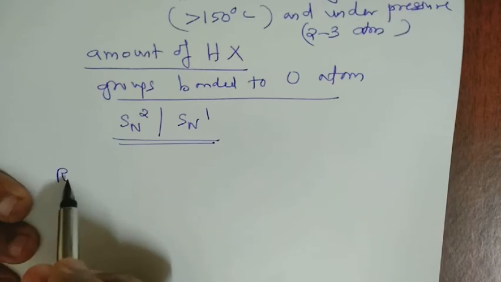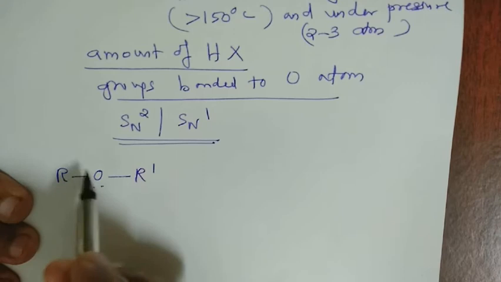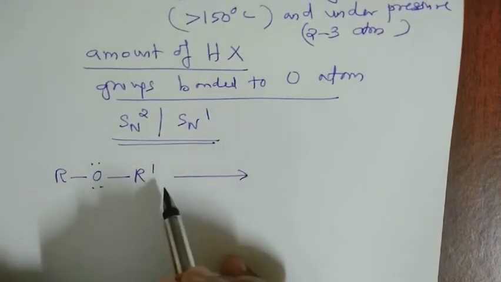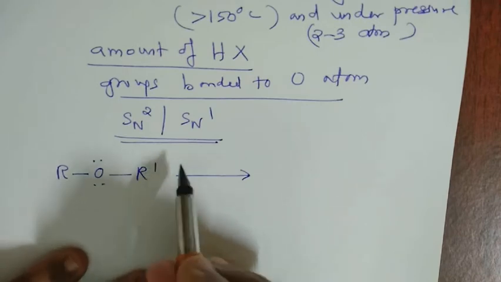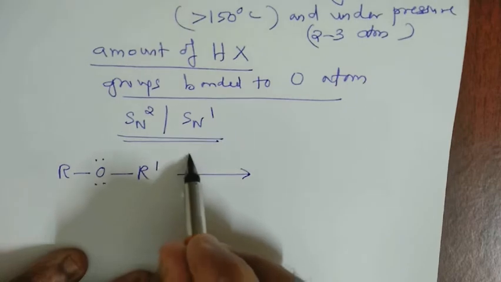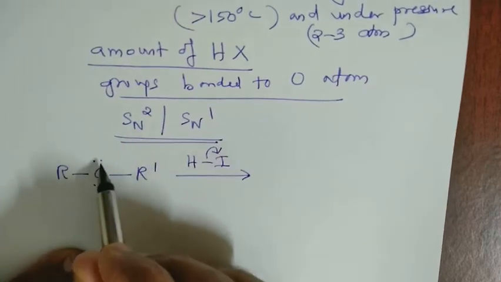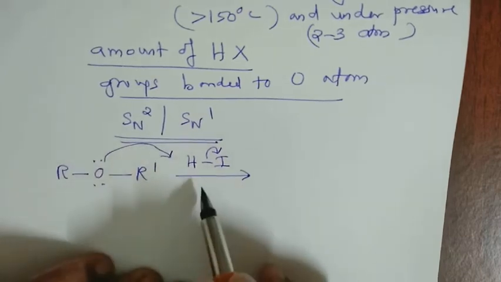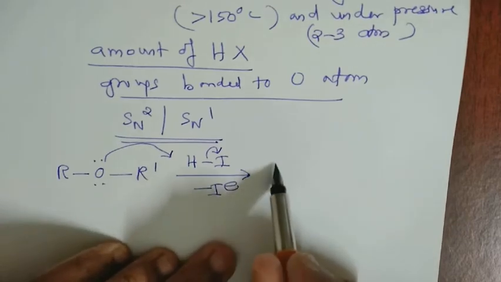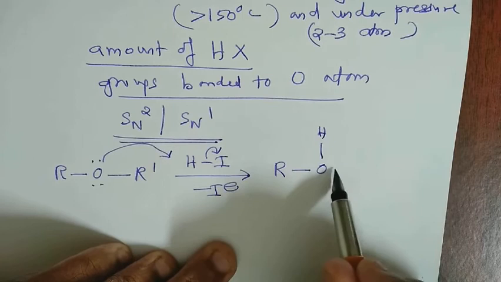Consider an unsymmetrical ether ROR'. Since HI, HBr, etc. are very strong acids, first of all, the ether is protonated by the acid to form protonated ether.